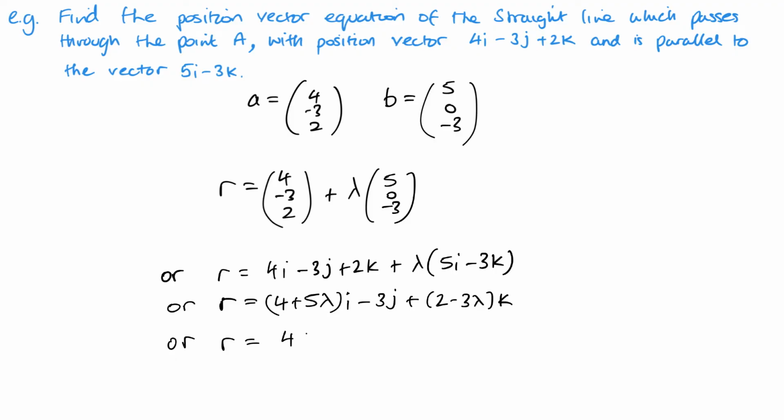So this would be 4 plus 5 lambda, minus 3, and then 2 minus 3 lambda as a column vector. So you've got a few options of how to phrase this or how to write it. In the form of column vectors, in the form of i and j. So you've got two options for the column vector and two options for i and j.